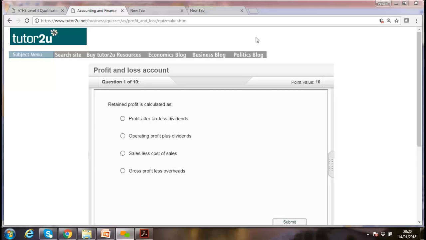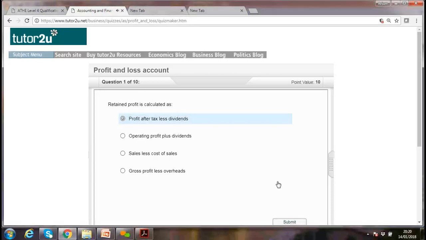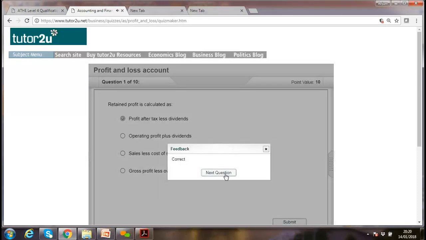Retained profit is the profit which we retain in a business after meeting all the expenses. Which one do you think is correct? A, B, C, D? A. Yes. Okay. Well done, correct.